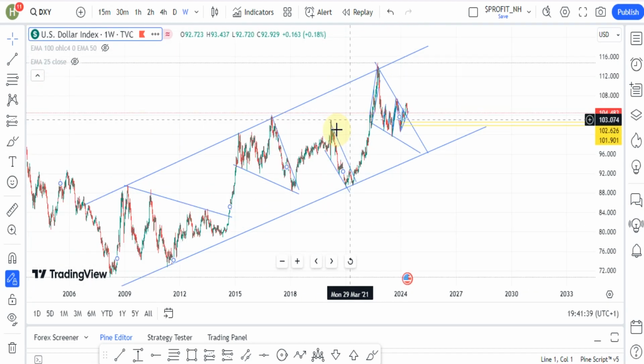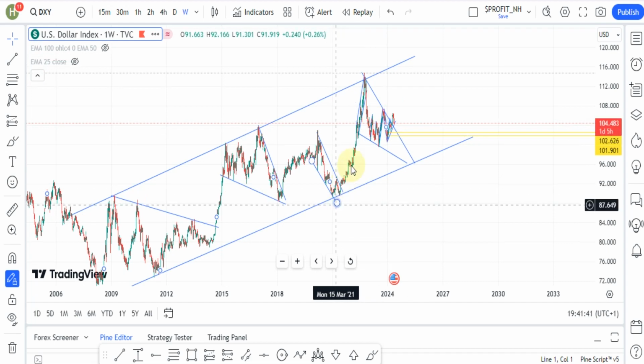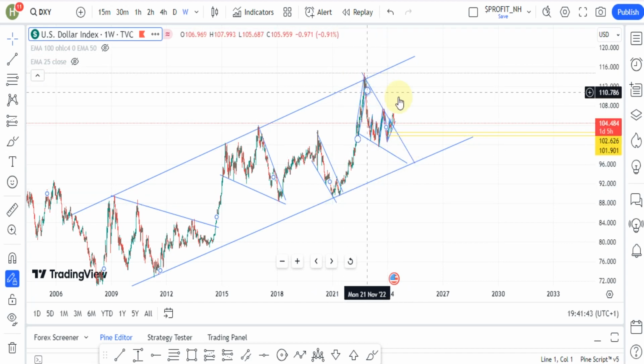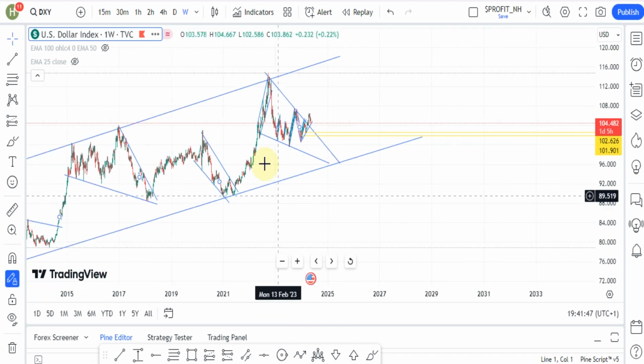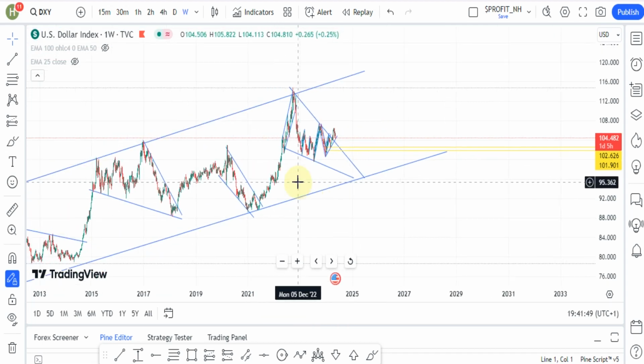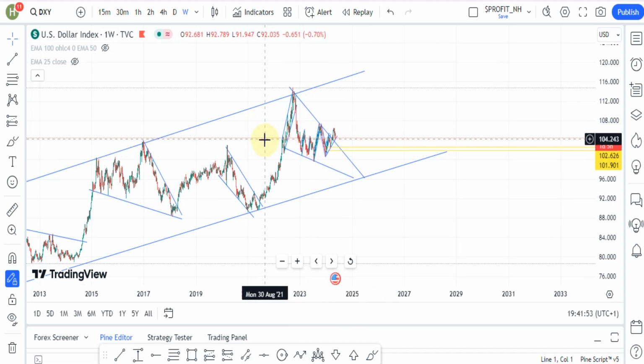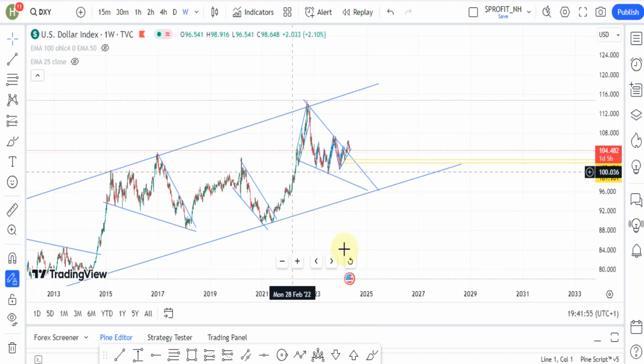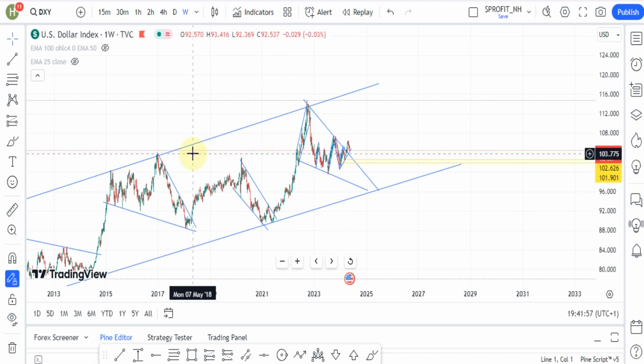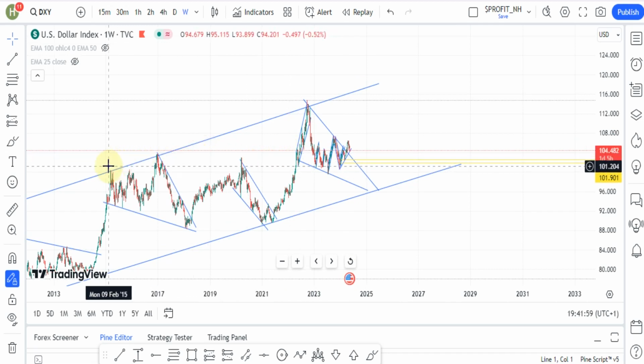So right now what we are having is a correction. We had this impulse move, we had this correction, giving us something like a bullish pennant. And guys, whenever you see a pattern like this, a bullish pennant is a sign of a continuation pattern, which means there's a possibility of this market continuing to push upwards.